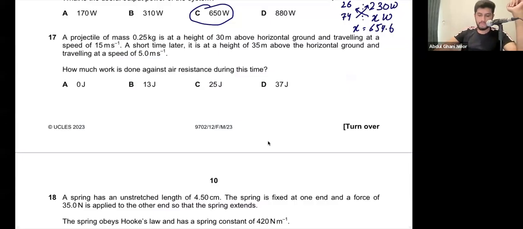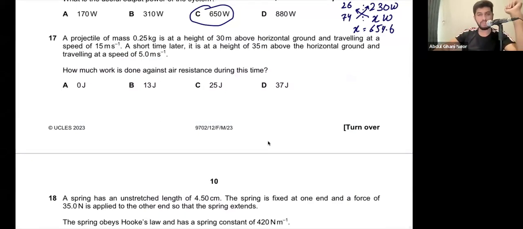A projectile of mass 0.25 kilograms is at a height of 30 meters above the horizontal ground and traveling at a speed of 15 meters per second. A short time later, it is at a height of 35 meters. So there's a projectile which is initially at a height of 30 meters and has a speed of 15 meters per second.